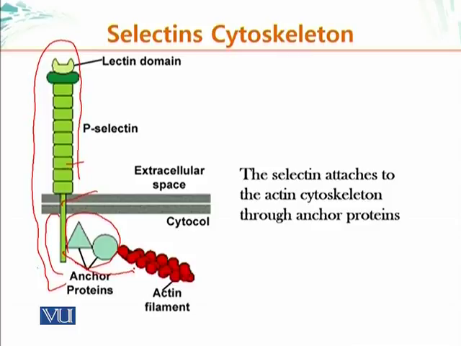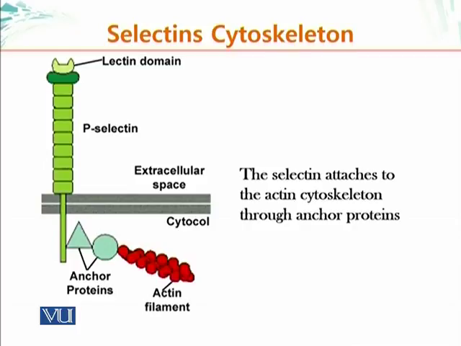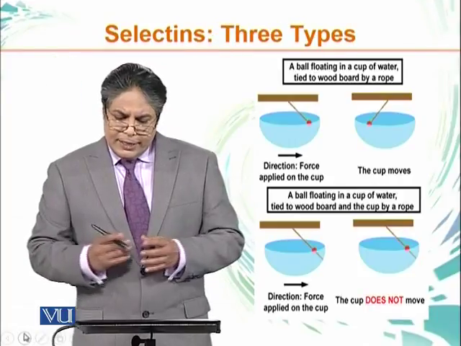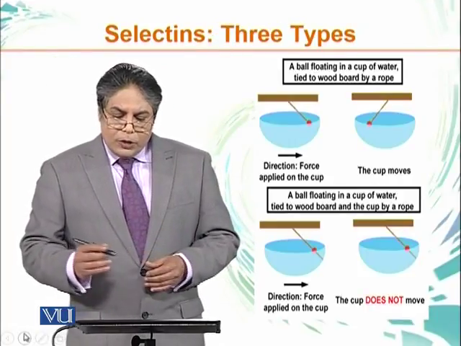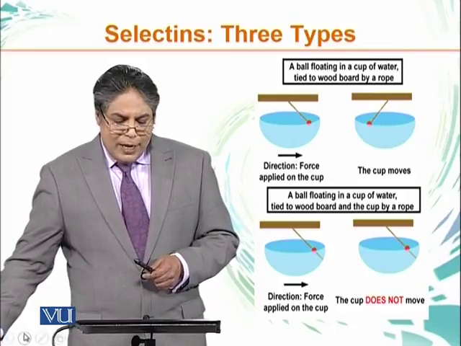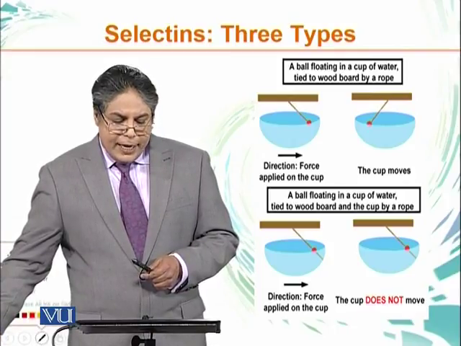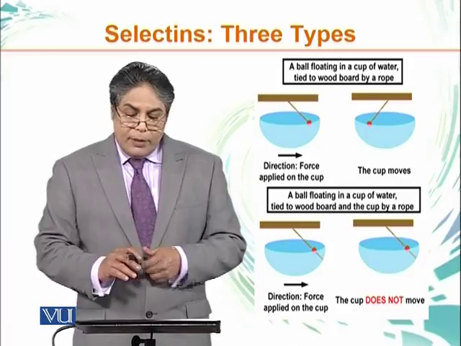Why is that necessary? Let's look at the importance of attaching the cytoskeleton to adhesion molecules. I am going to give you a little example that I drew. Here we have a ball floating in a bowl of water.